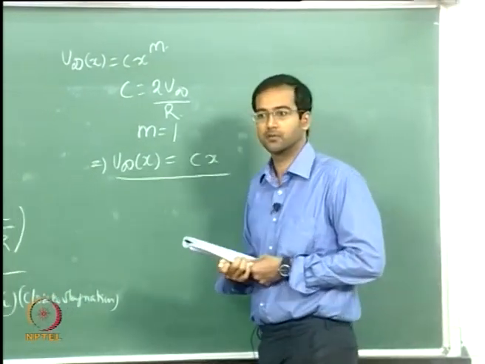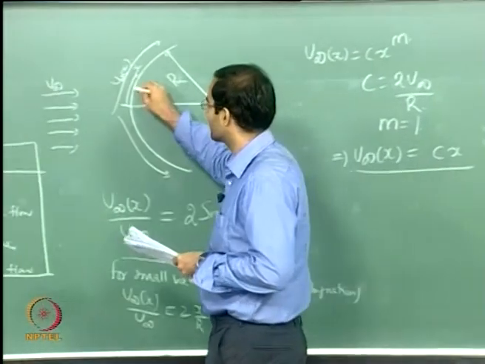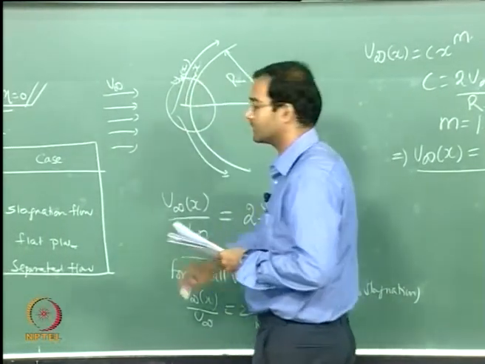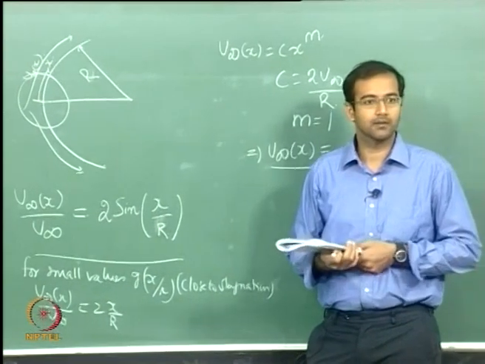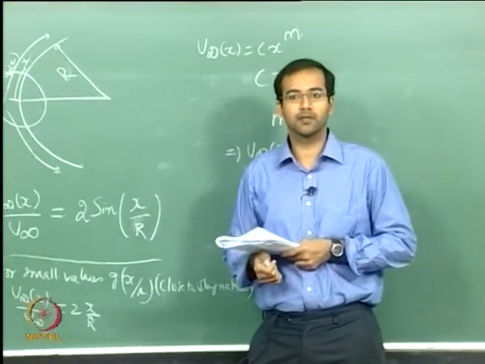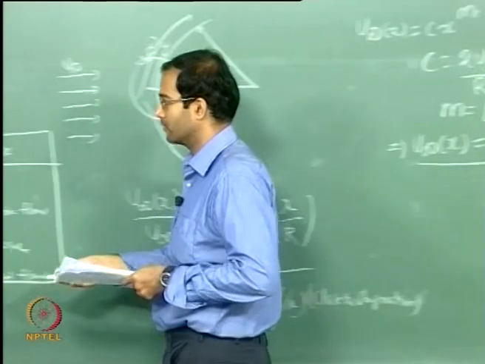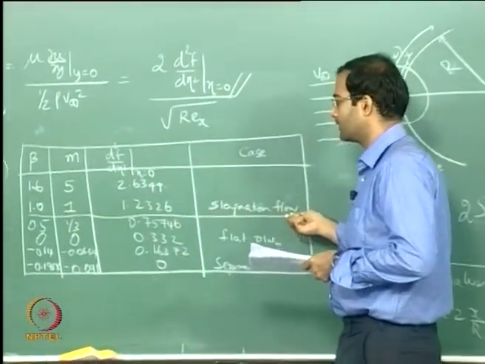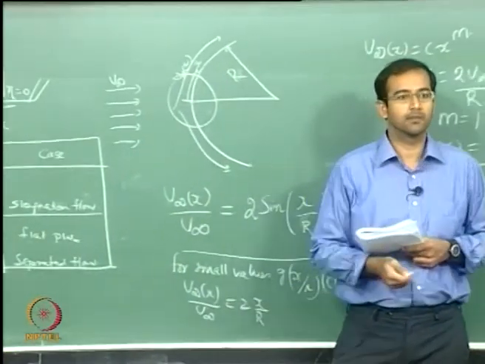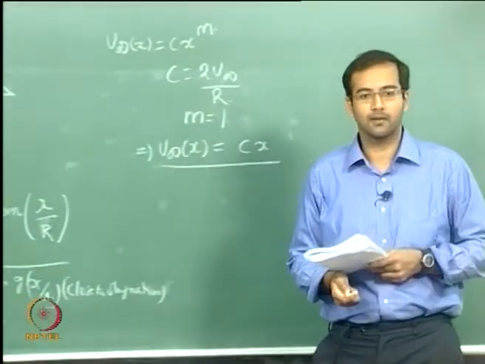So what kind of flow does it mean? Stagnation point flow. When you are looking at a region close to the stagnation, even for a curved surface like a cylinder, you can approximate the flow pattern to be similar to the stagnation point flow, for which we have already calculated the profiles and the curvature at the wall.